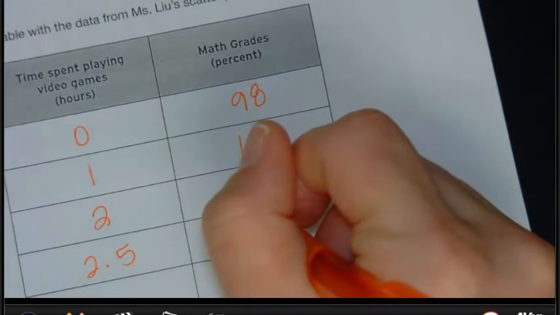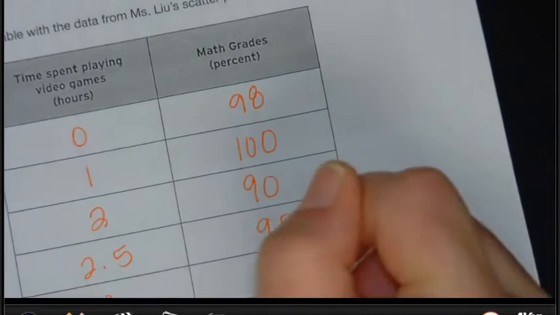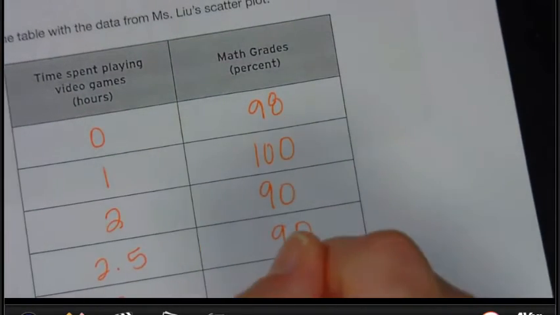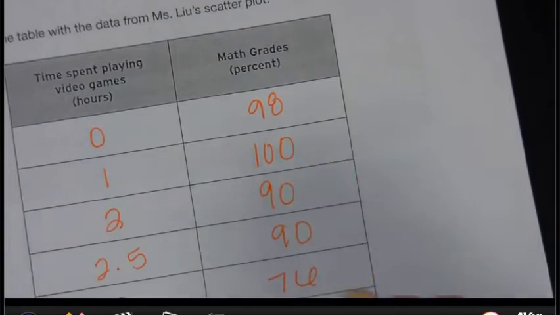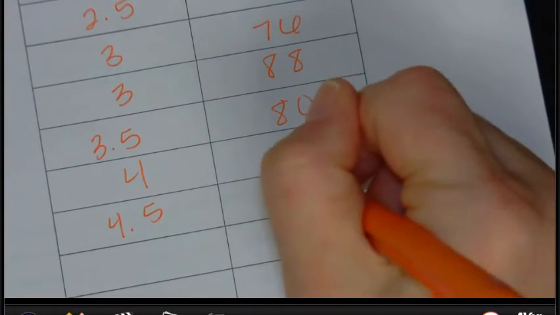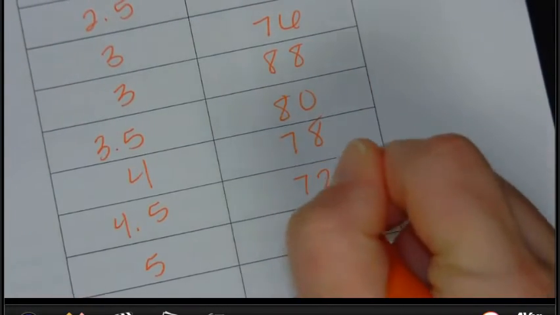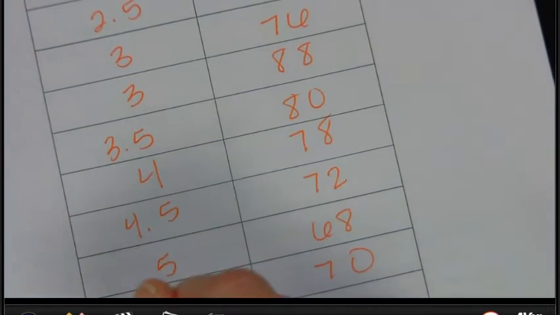So if you guys would plot your data points here and then come back and check. Three at 76, 3 at 88, 3.5 at 80, 4 at 78, 4.5 at 72, 5 at 68, 5 at 70, 5 at 72, 5.5 at 65, 6 at 70, and then 7 at 55.